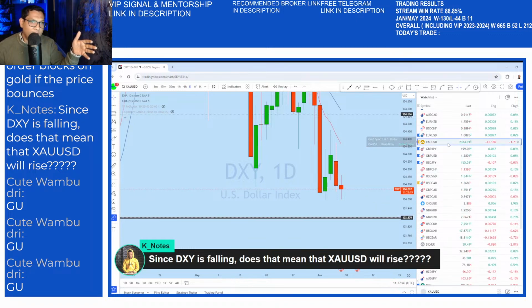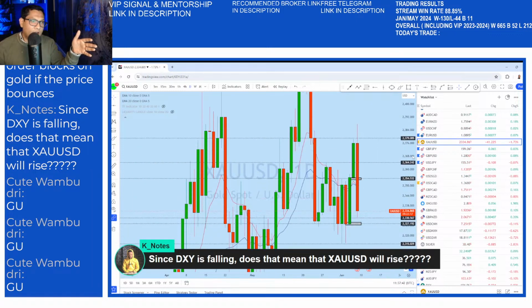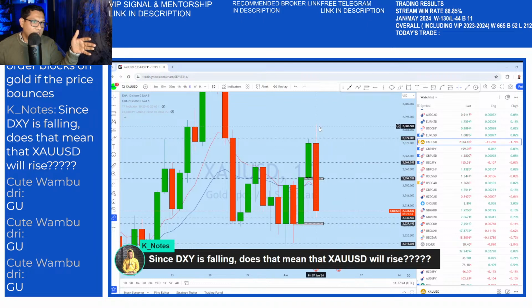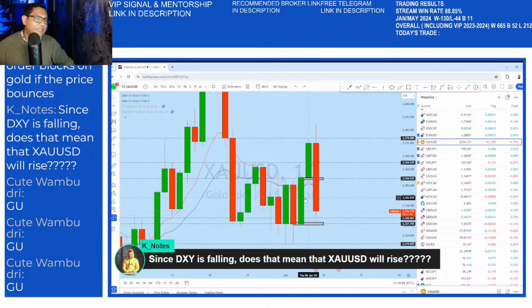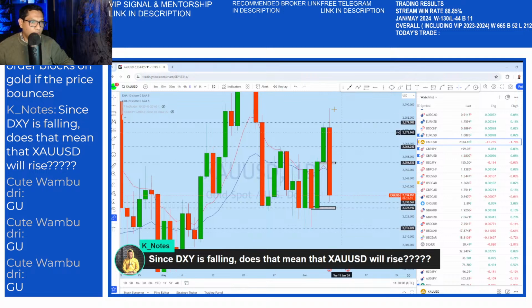That's completely fine. If you look at the price action on the daily, this is a huge volatility on a single day on gold, not on DXY, pardon me. So you can see that here it's almost a 566 pip drop or 570 pip drop only today on gold, right?